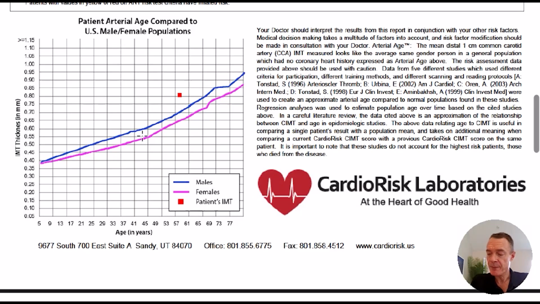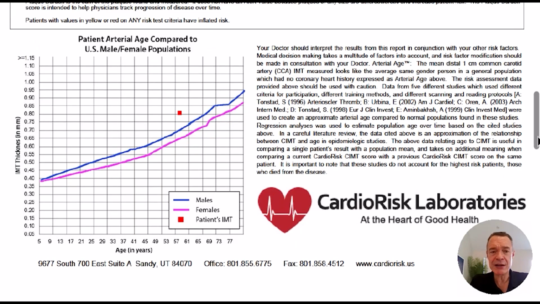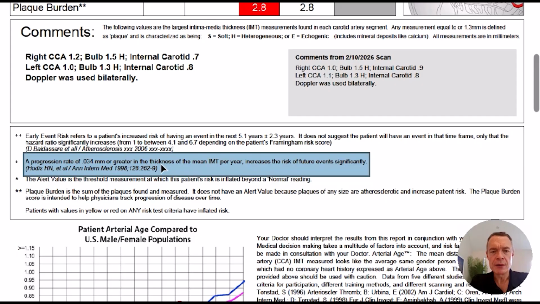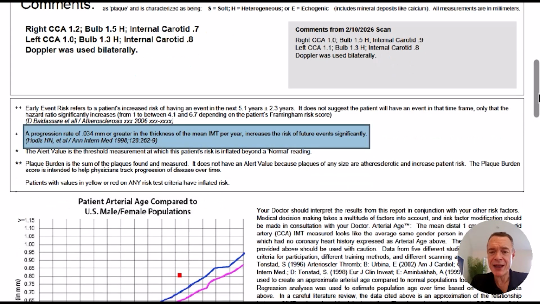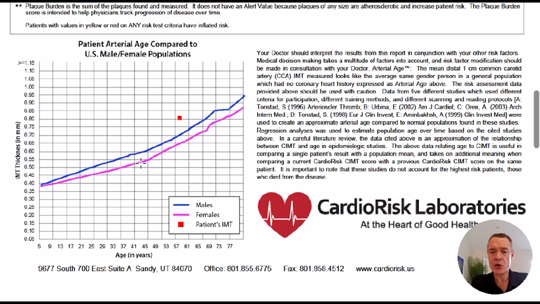She increased by 0.07 millimeters in 2 years, which is slightly greater than the 0.034 annual increase that significantly increases events. So while she's at the quote-unquote normal line today, she used to be quite far below it and has suddenly shot up to it in the last 2 years.